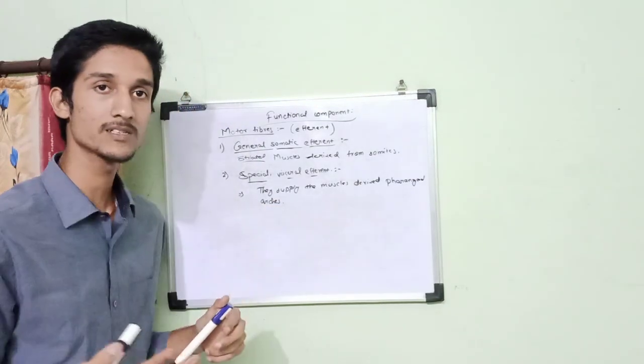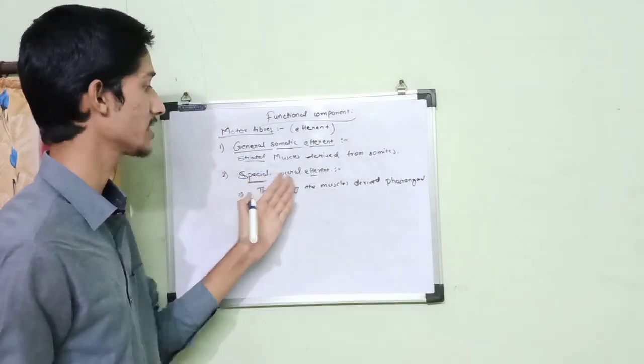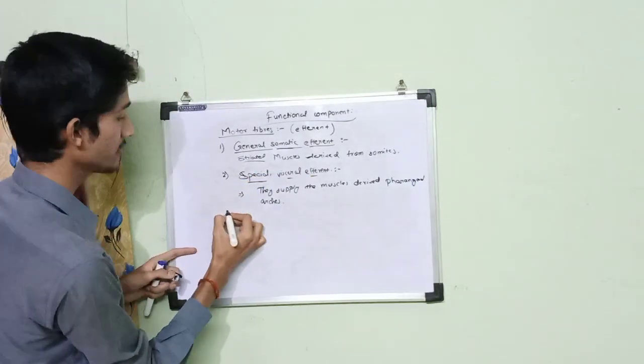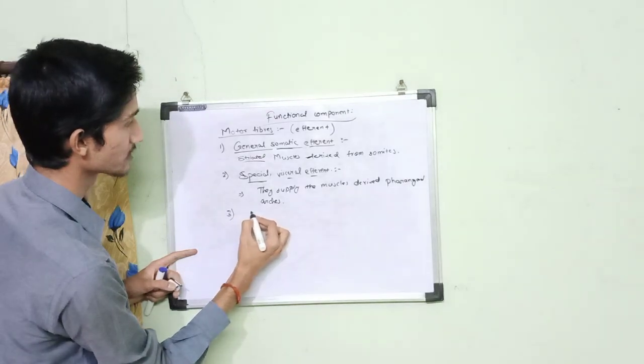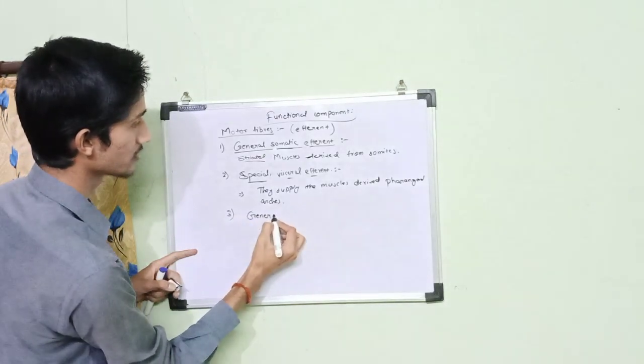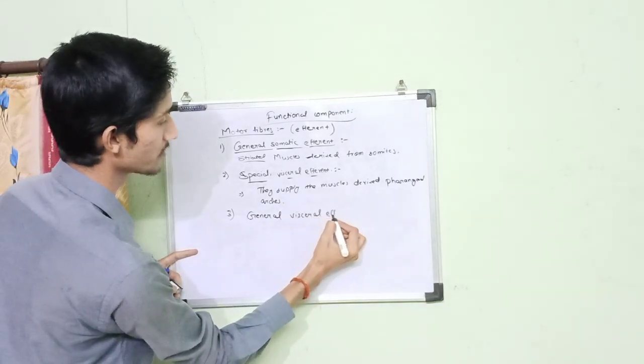All the muscles which are derived from the pharyngeal arches are going to be supplied by the special visceral efferent fibers. Third, for the motor fibers, we have the functional component known as general visceral efferent fibers.